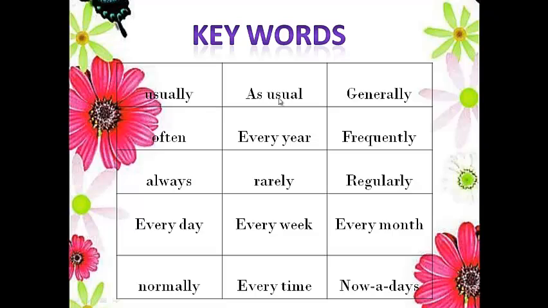Usually, as usual, generally, often, every year, frequently, always, rarely, regularly, every day, every week, every month, normally, every time, nowadays. So, if you find any of these keywords in a sentence, the sentence is in simple present tense. Move on to the next slide.